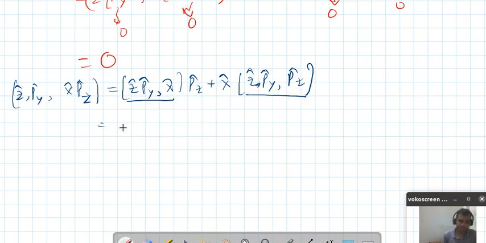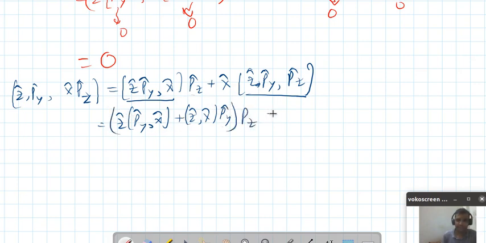If I expand this, it comes out to be z py comma x plus z x py, and this pz will remain as it is, plus x.